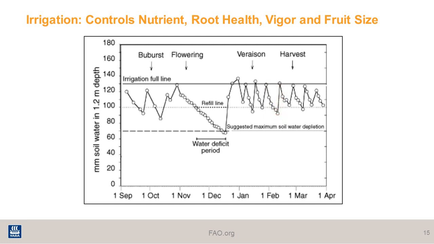You can also use this moisture chart to time the watering as you come nearer to harvest. As you come nearer to harvest, you might want to back off on your watering to improve your fruit quality, and that can be done using soil moisture monitoring. This particular chart was from grapes.